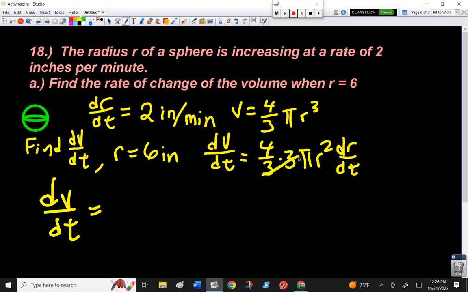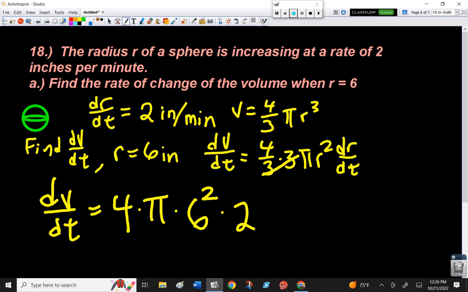These threes cancel out. So it's going to be 4 times pi times 6 squared times 2, because that is all the information they gave us.